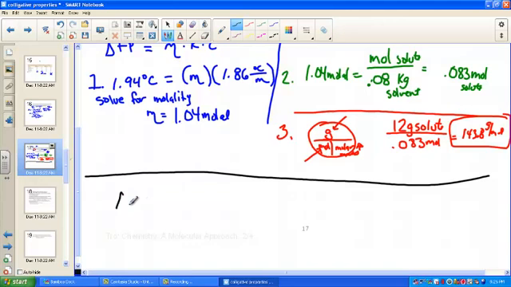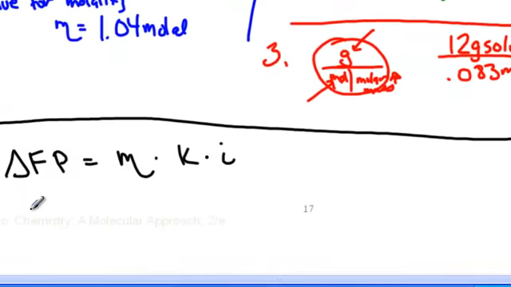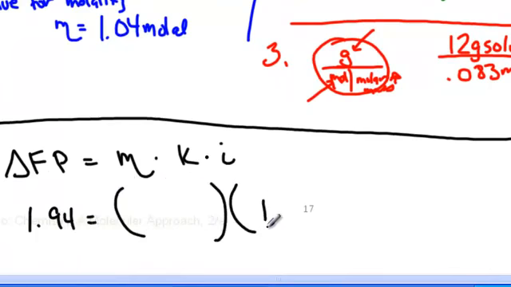But if I think about just looking at this here, the change in freezing point is molality times K times the van 't Hoff factor. Van 't Hoff was 1 because it's a non-electrolyte, but I still like to write it. We determined the freezing point change to be 1.94. Now, all in this one parenthesis, I can define my molality. Molality is moles per kilogram. Moles is grams over formula weight.